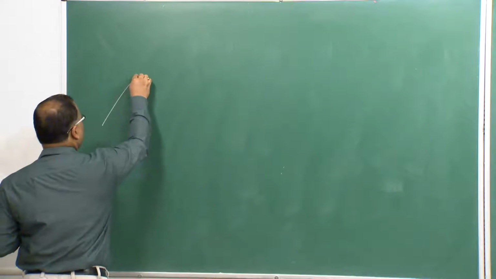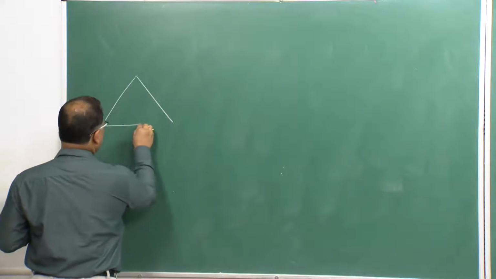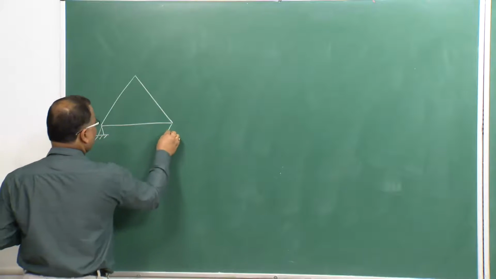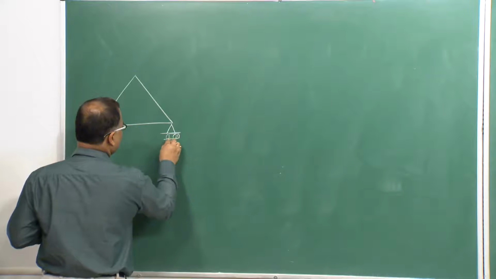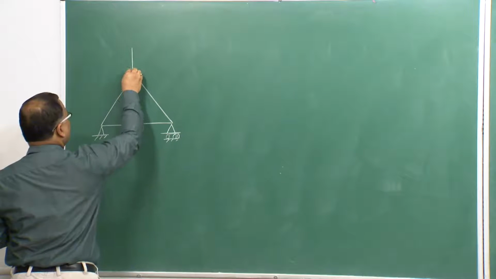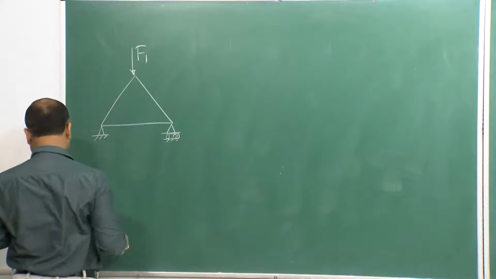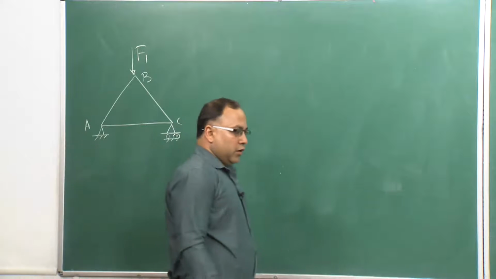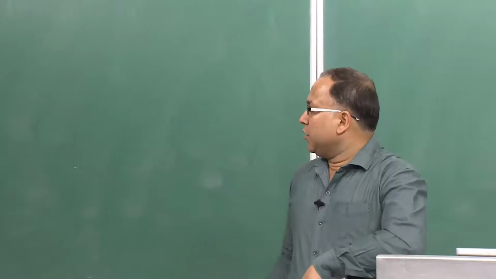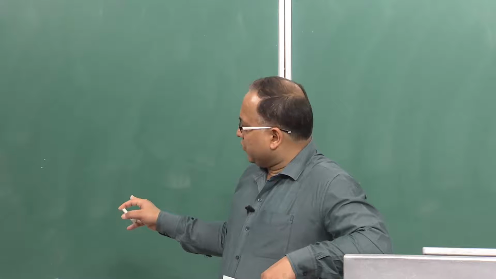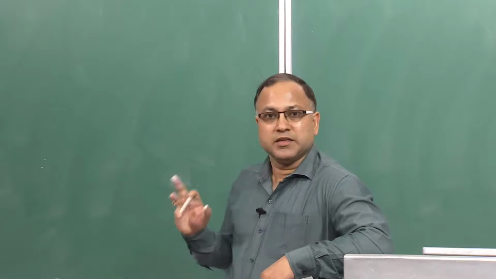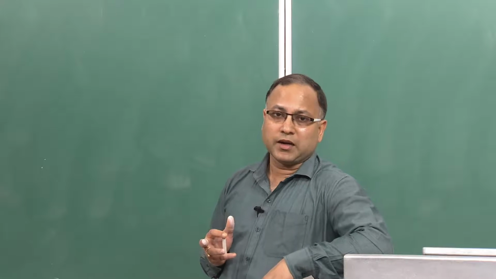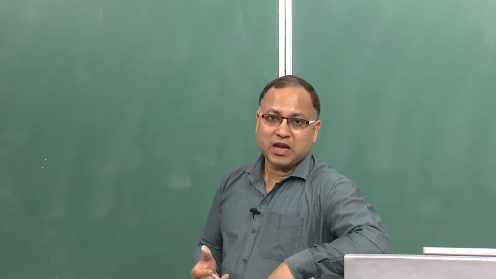So, suppose this is one truss, you have load here say F1, and joints A, B, C. One thing is very clear from the previous discussion, this truss is a rigid truss, but whether it is statically determinate or indeterminate, that also we have to look at, otherwise how can we solve the support reactions.